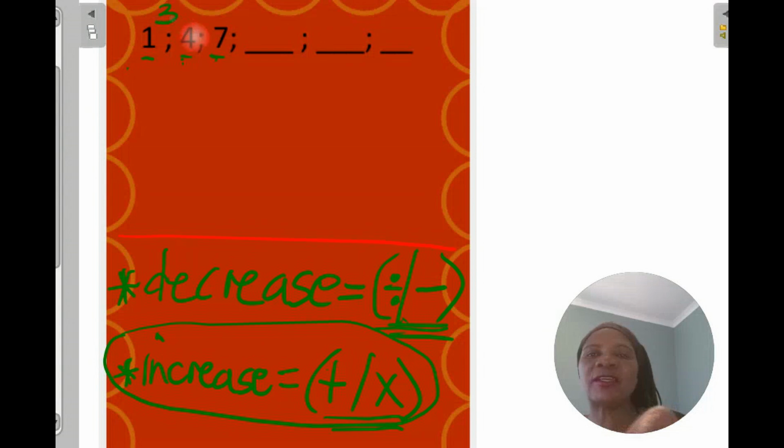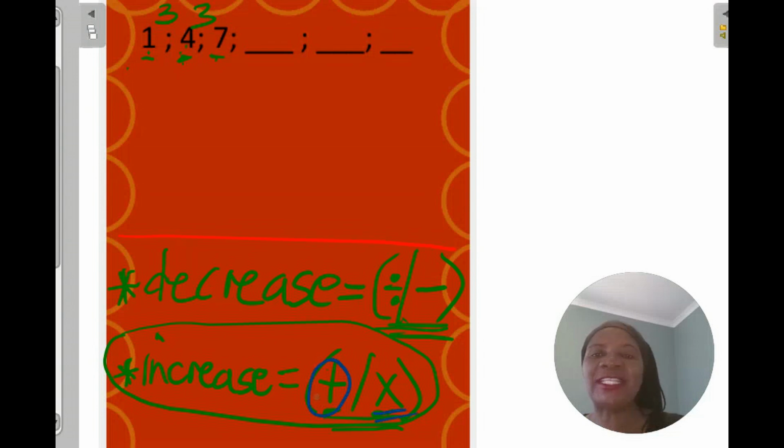It is 3. 4 minus 1 is 3. And 7 minus 4 is 3 again. So we now think along addition and multiplication. If we say 1 times 3, do we get 4? If we say 4 times 3, do we get 7? So we can consider addition. Multiplication does not make sense.